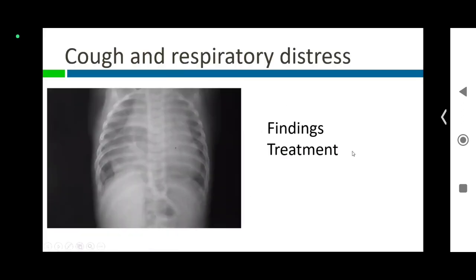Okay. This is a child with respiratory distress. Anyone wants to answer this question? A try. Okay, I will answer. Something on the left side, but on the right side, you are able to see a cystic shadow. It is not a cystic shadow.